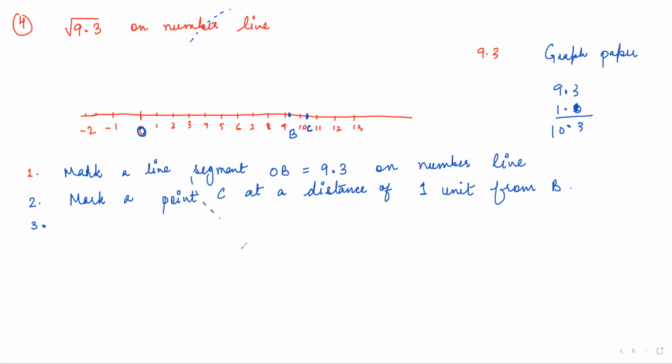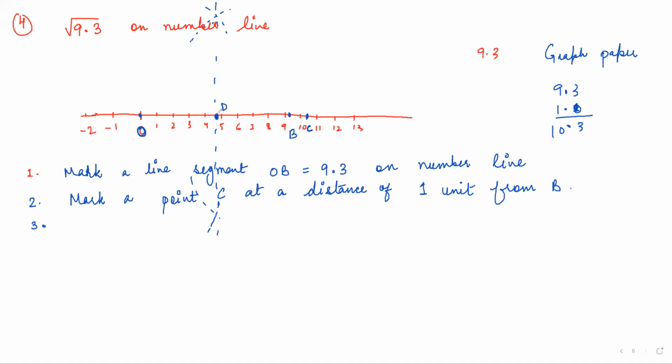Then with the same distance, place your compass here and cut the arc. Is that okay? And then you join it. The point you get here is actually the midpoint of this line. So you have to do the actual construction with the help of a compass. Is that okay? Yes. Okay, so that's the midpoint D.